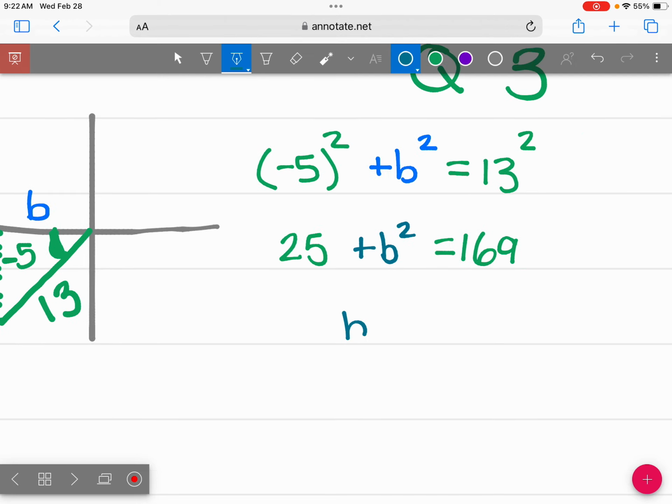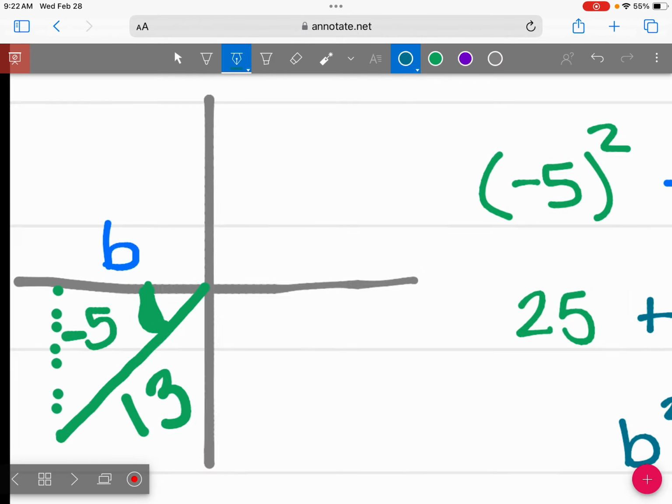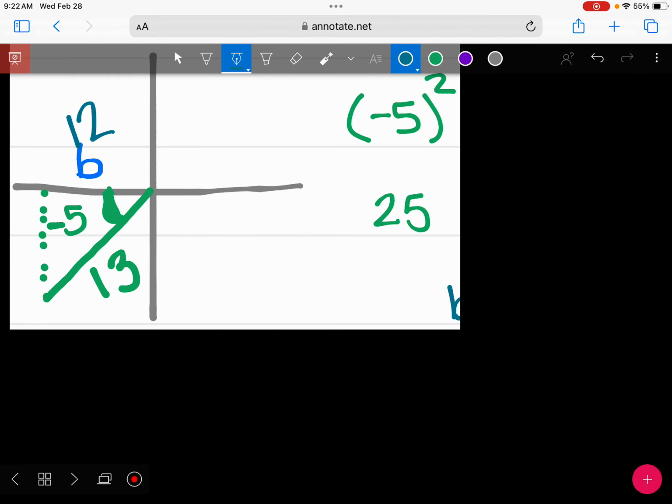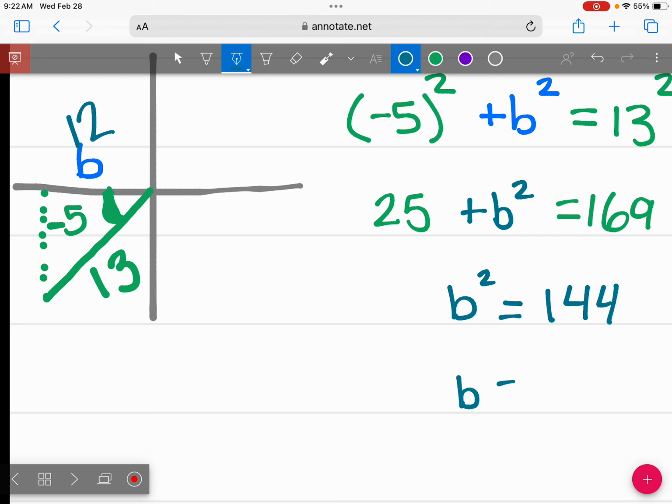Or that B squared is 144. So what's B? 12. Is it going to be a positive 12 or a negative 12? Negative, because we're in quadrant 3, so my sine is negative and my cosine is negative.